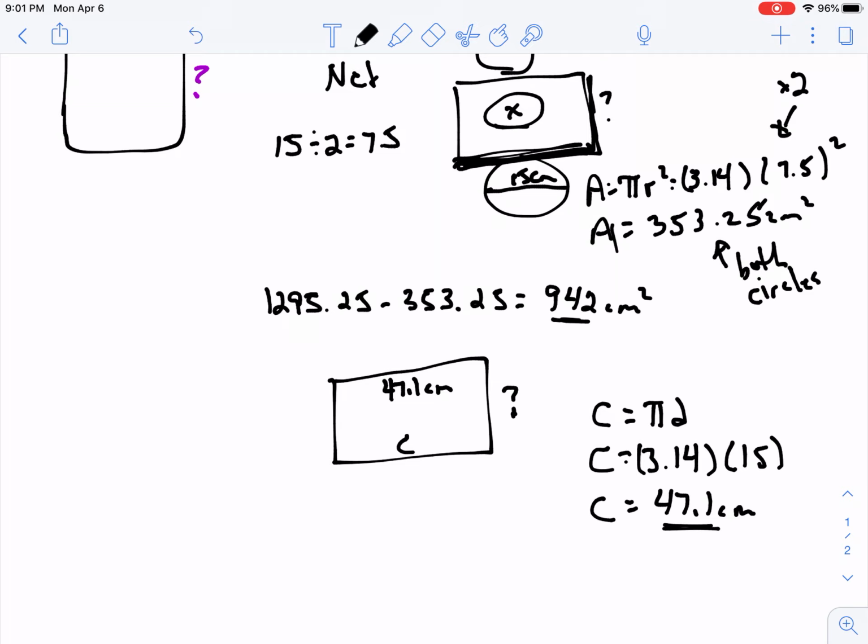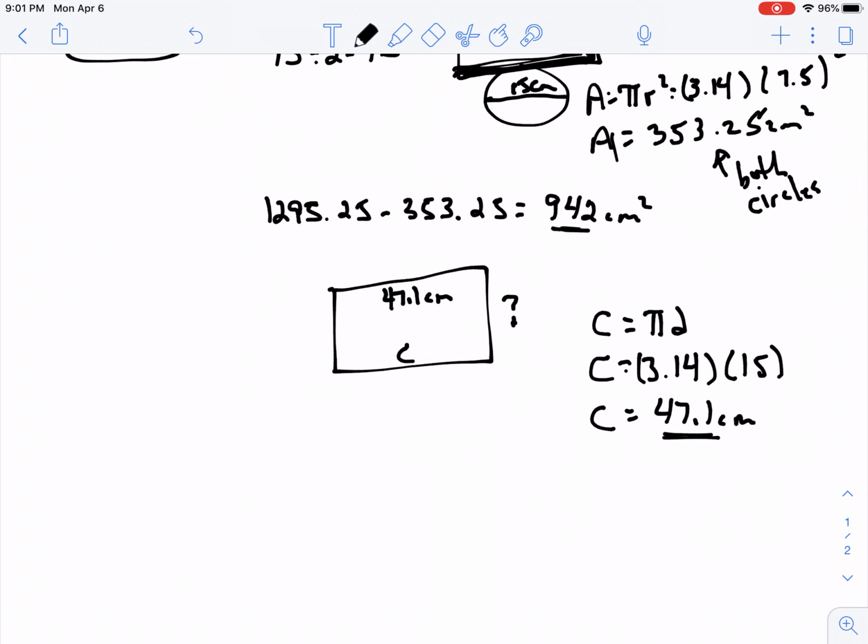So now I know that 942, I know kind of this idea. I know that my area, I multiplied a length times a width. I know my area was 942 centimeters squared. I figured that out right here. I know my length. Well, I don't really know my length, but I know my width is 47.1 centimeters.